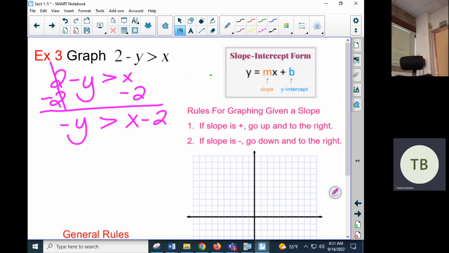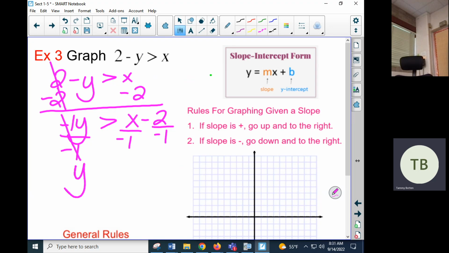Now, I can't leave that negative in front of my y. What I do when I have a negative there is think of it as a -1. And when I'm trying to get rid of -1 times y, I divide by a -1. And then you would divide by a -1 on all 3 of those. Okay? Then these are gone.